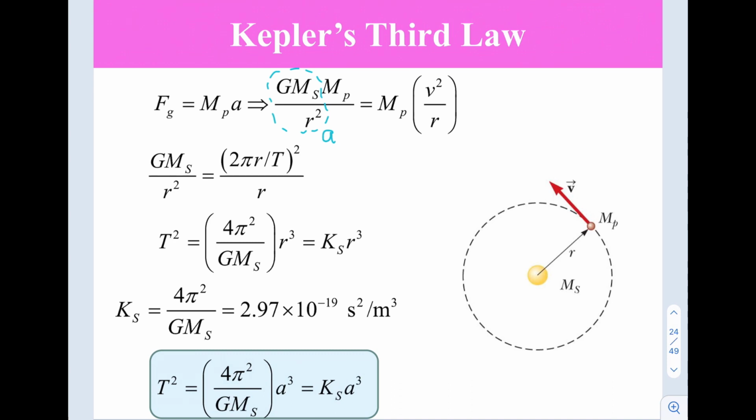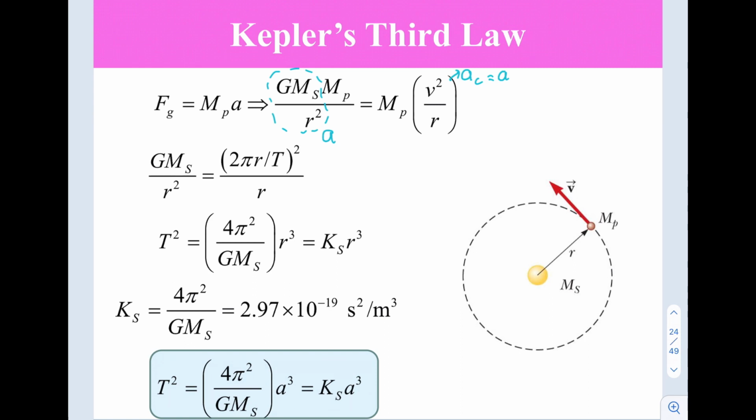Since the planet is good enough to be imagined in circular motion, A here is the centripetal acceleration. That is why we put A equivalent to V squared over R.